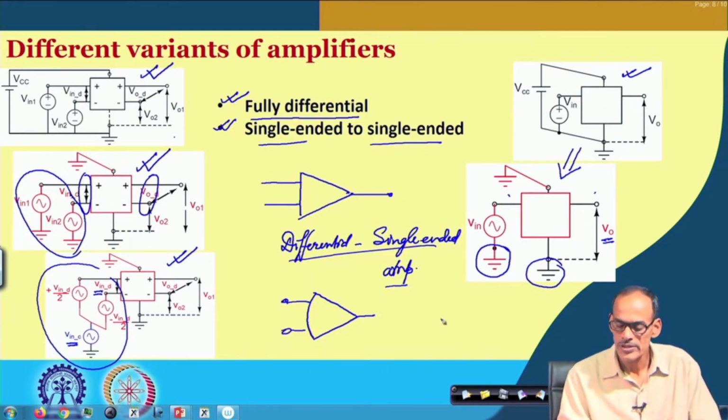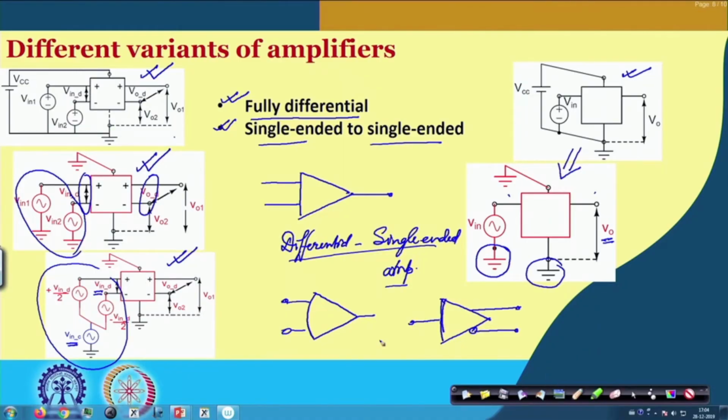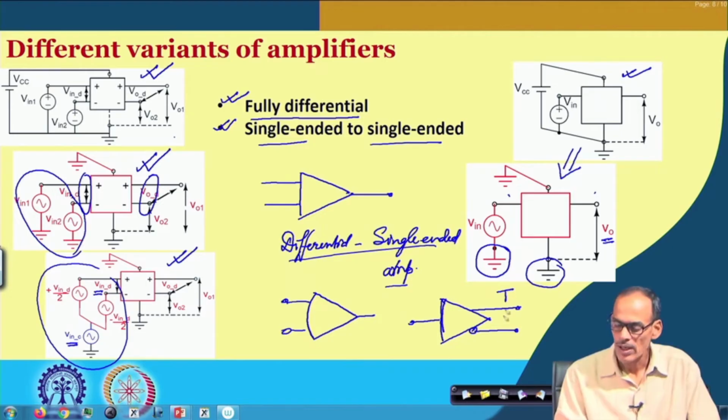The other possibility is that the input port may be single ended, and the output port can be differential in nature. This is referred to as single ended to differential amplifier, where this is the true signal and this is the complementary signal.